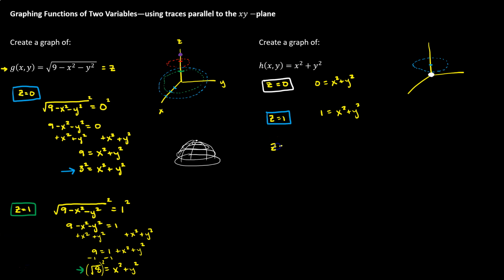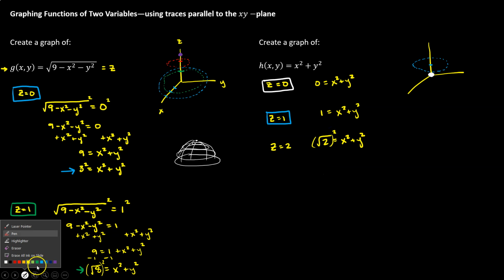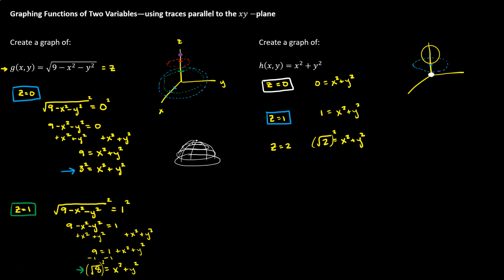Moving up to z equals 2, we would have 2 is equal to x squared plus y squared. That's another circle centered at the origin, this time with a radius equal to root 2. So we're going to shift up on our graph to z equals 2. Root 2 is larger than 1, so this circle is going to be larger than the previous one.